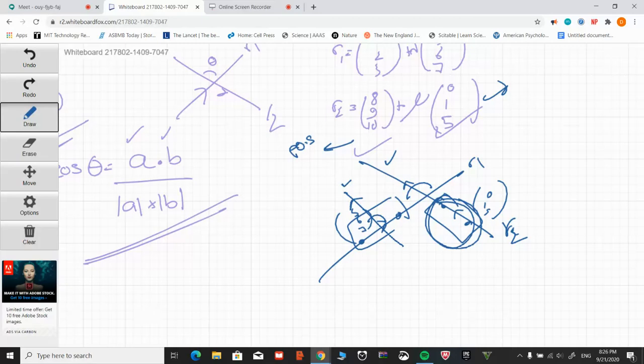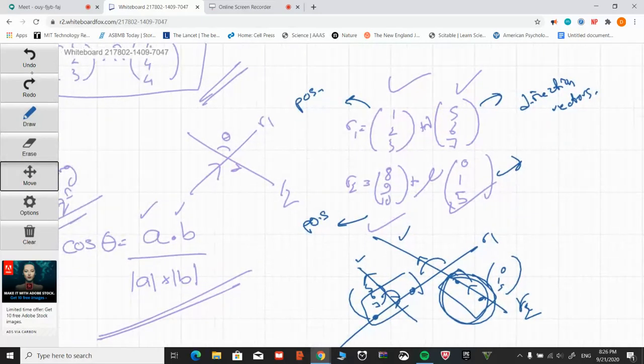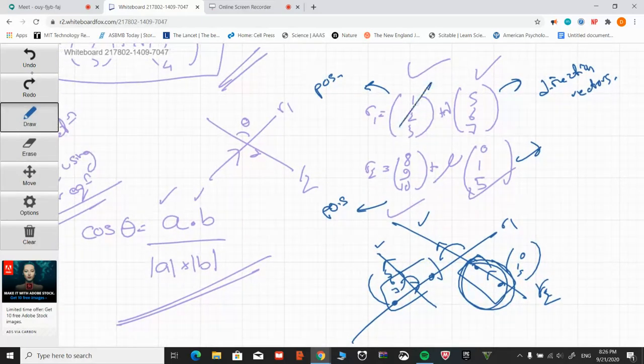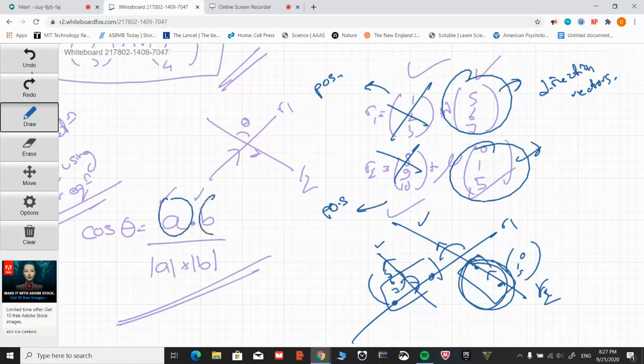So we will definitely be using the direction vectors of the lines to find the angles. You don't need to think much here. You will forget about the position vectors and only focus on the direction vectors as your A and B. So you take the dot product of (5, 6, 7) and (0, 1, 5), then multiply their individual moduli, and cos theta comes out.